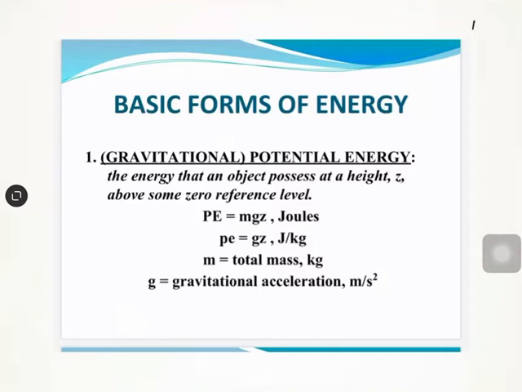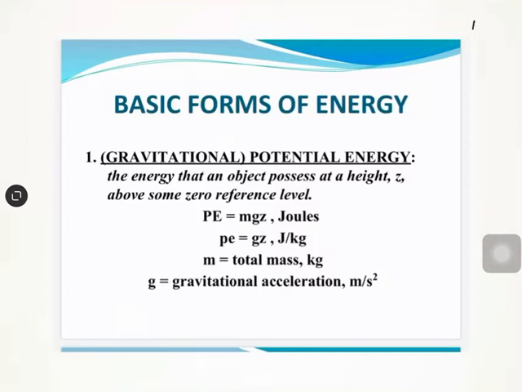This means the energy that an object possesses at a height or elevation z above some zero reference level. It is given by potential energy, PE, equal to mass times gravity times z, where z is an elevation or height, and the unit is joules.